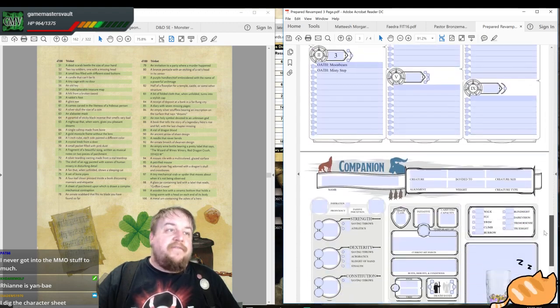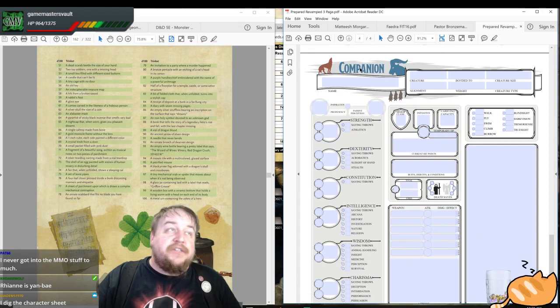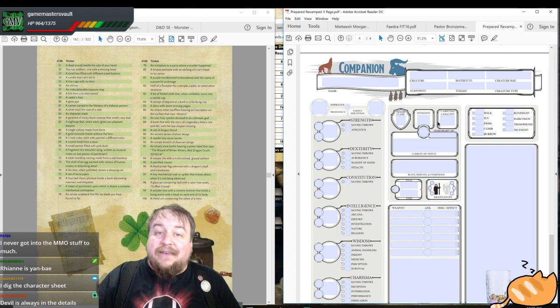You can just go through and have fun. This, by the way, for a paladin is an excellent sheet as your companion. If you choose to summon a mount as a paladin, you can put your mount's stats on this page 4. And so it's very handy, especially if combat occurs and something happens.